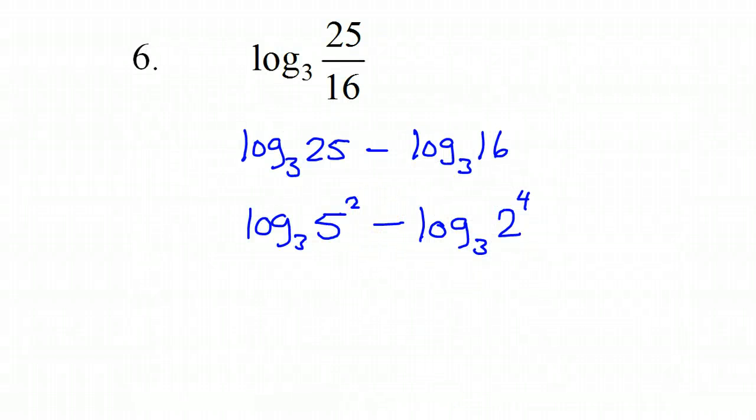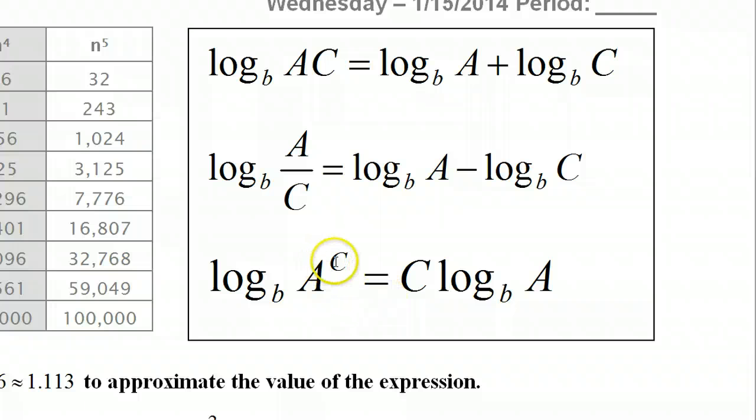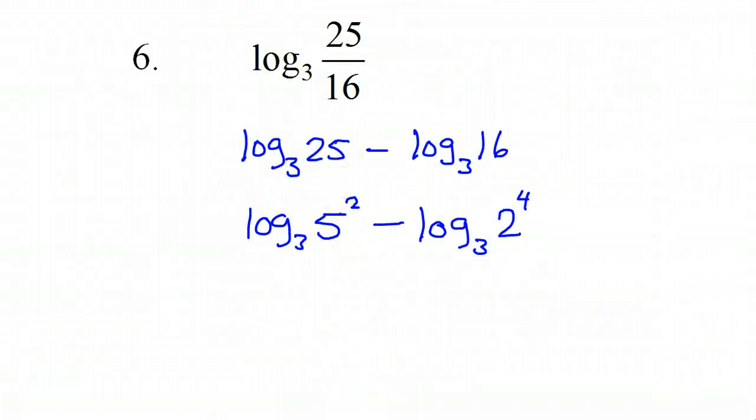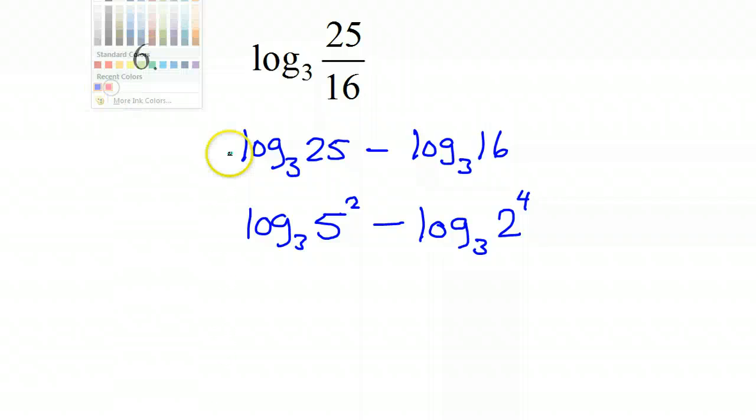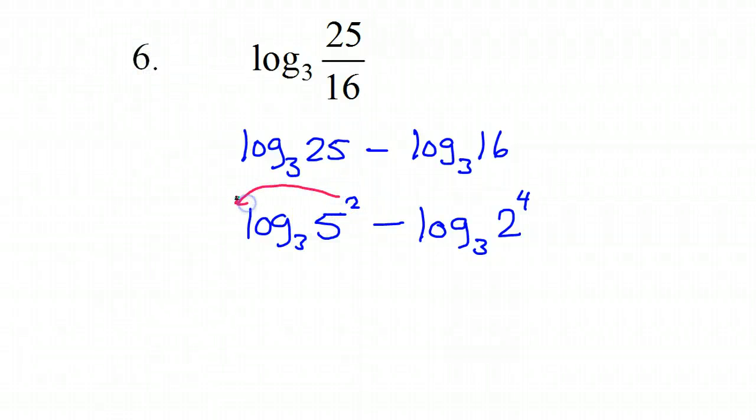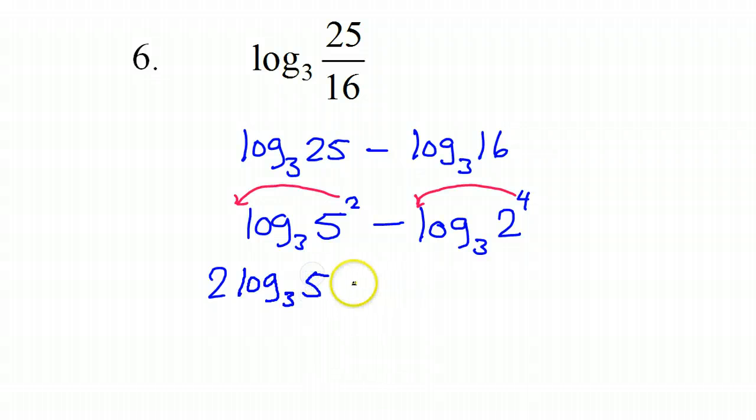Now we could use the third rule where you put the power in the front. I can take this 2 and put it out front. I could take the 4 and put it out front. So if I do that, then I will have 2 times the log base 3 of 5 minus 4 times the log base 3 of 2.